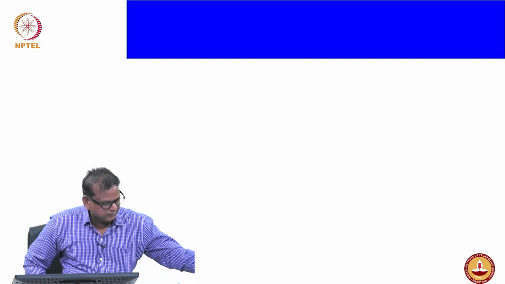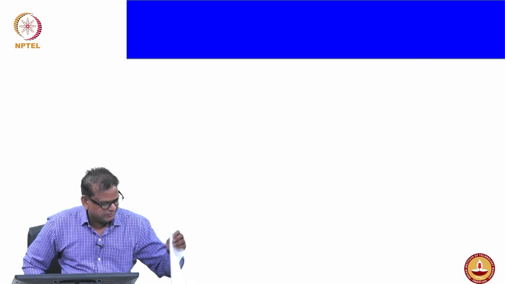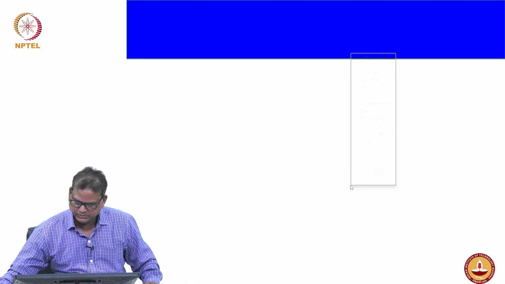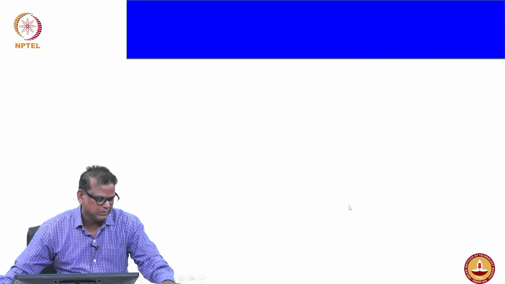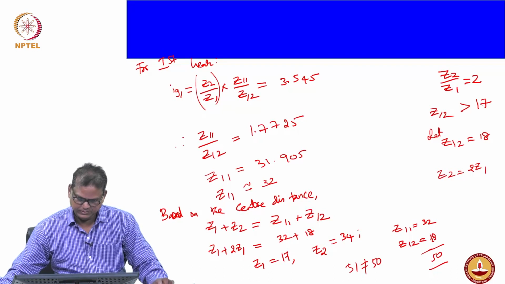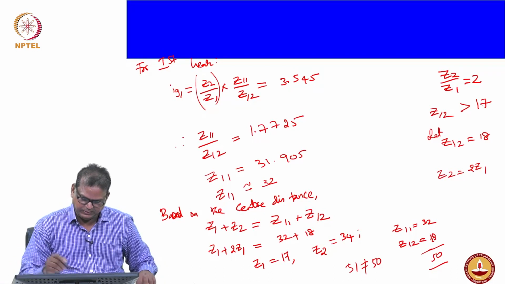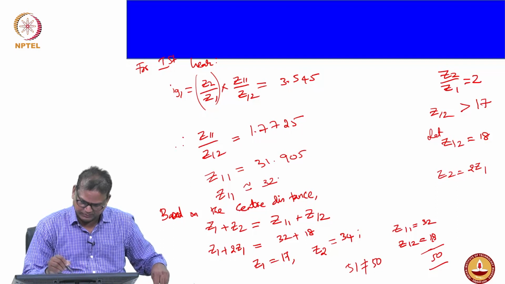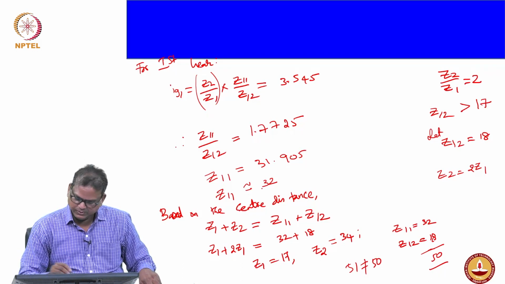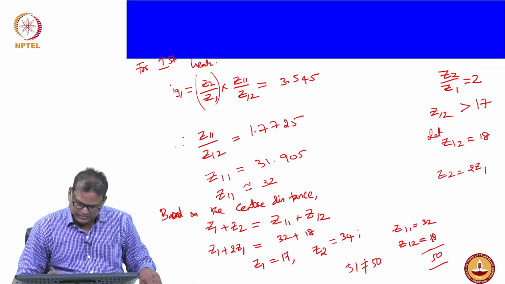In the gear ratio, what is the Z11 coming to? We got Z11, let me go back here. One second. So this is what we got here, right? This is 31.9. We got 32 here. Then Z11 is 32 and Z12 is 18.